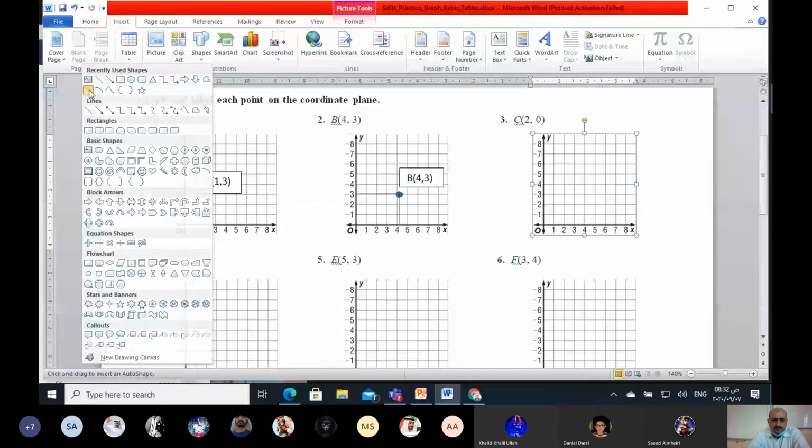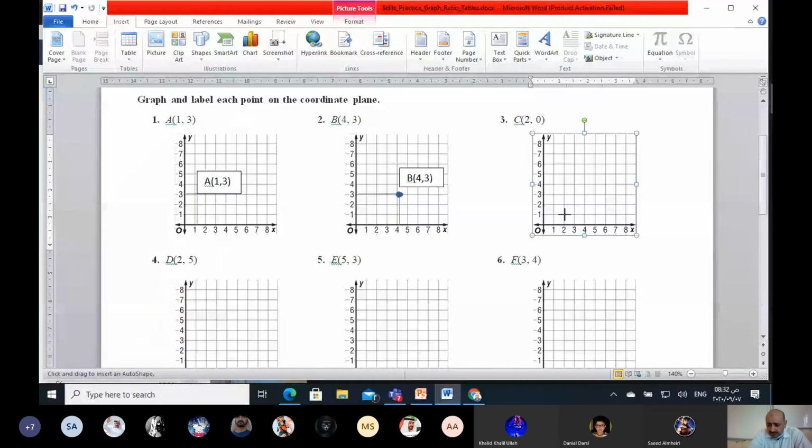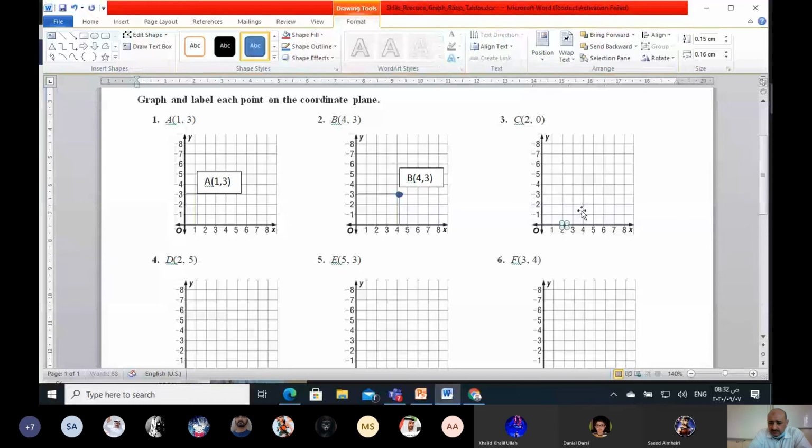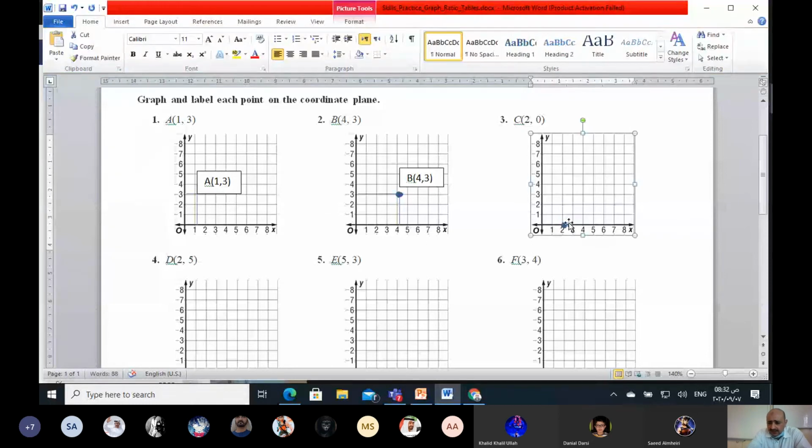So this is the point. This is 2 in the x and 0 in the y.